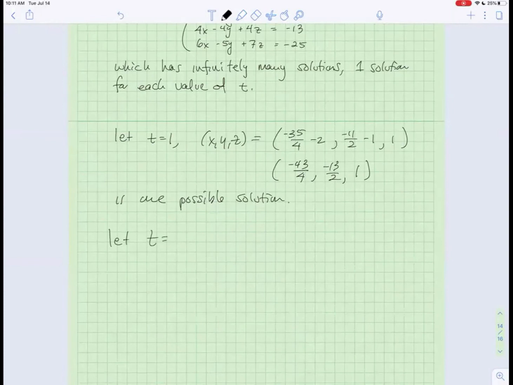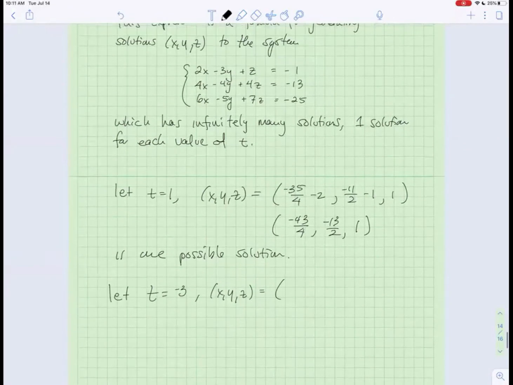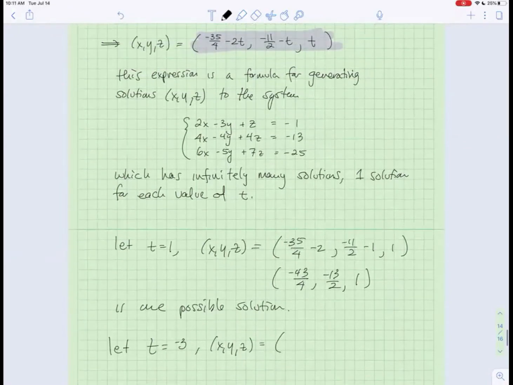Let t equal, let's see, negative 3. Then x, y, z is equal to, or where was my formula at? Way back up here. If we have negative 3, we have negative 35 over 4 minus 2 times negative 3, negative 11 over 2 minus negative 3, negative 3.